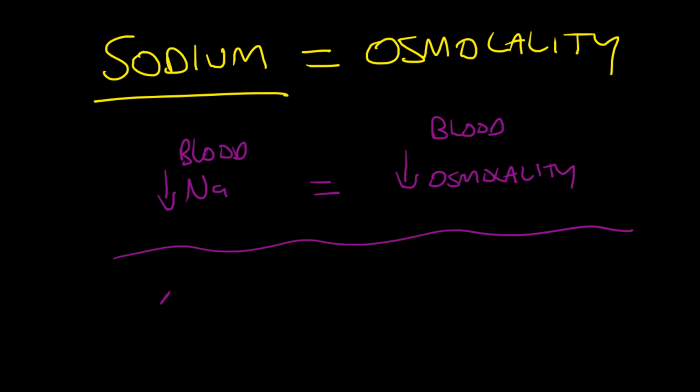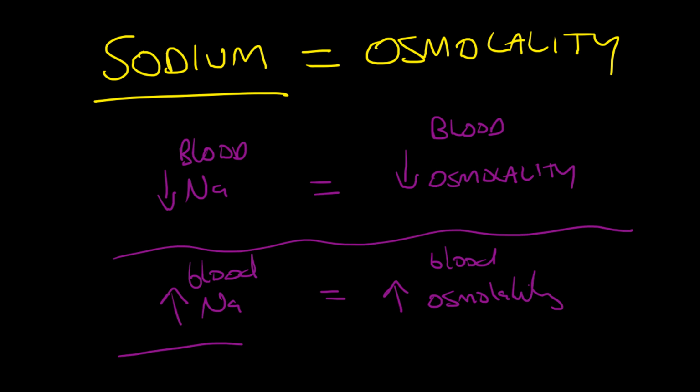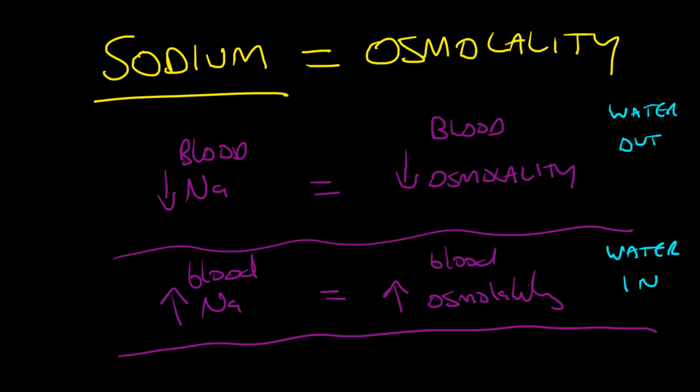But if you've got a high sodium in your blood, you have a high osmolality in your blood. And that's very important whenever you're thinking about how water moves in the body. If you have a high osmotic potential from having a lot of sodium, you will draw water in, so water moves in. And in the same way, a low blood osmolality means water moves out of your blood vessel.